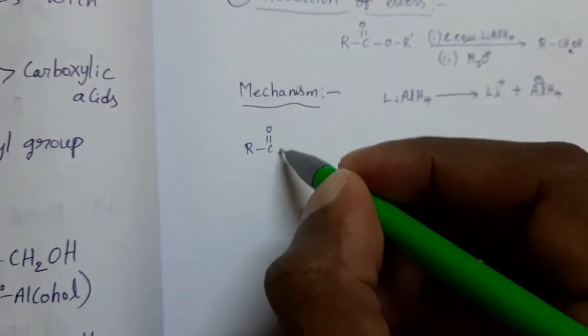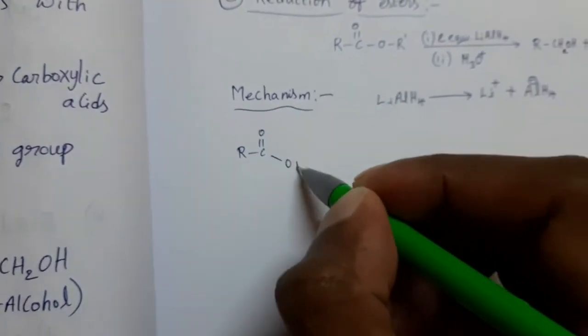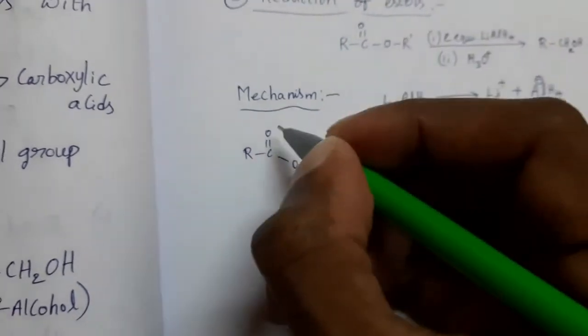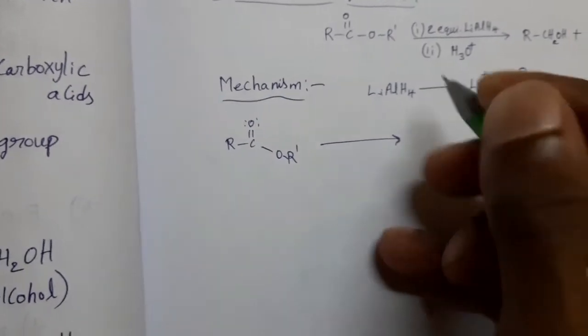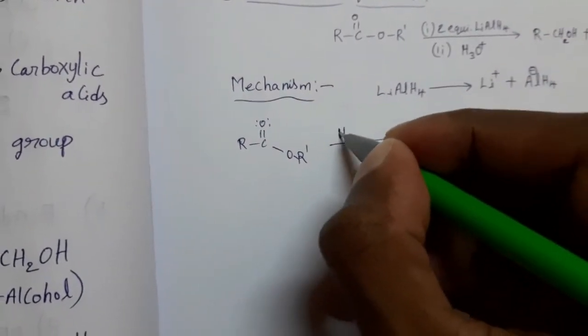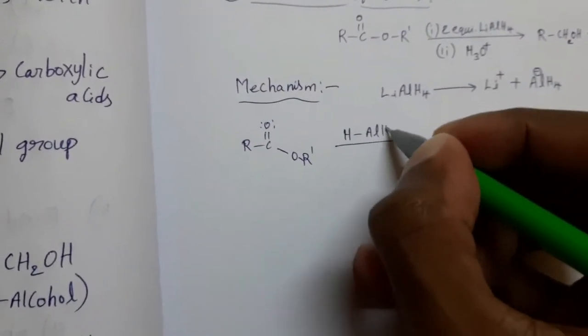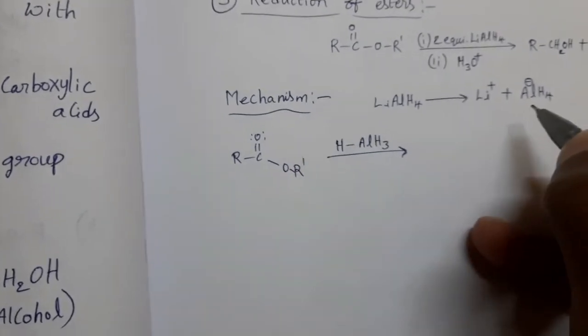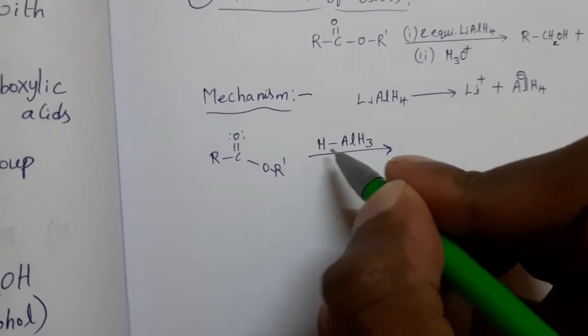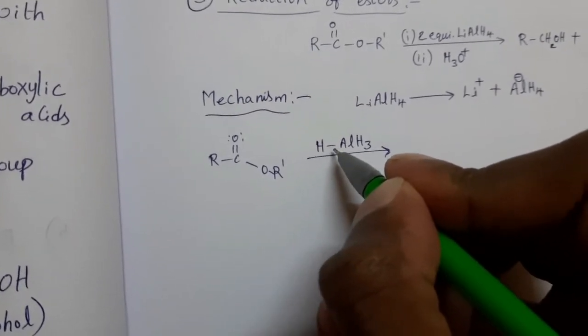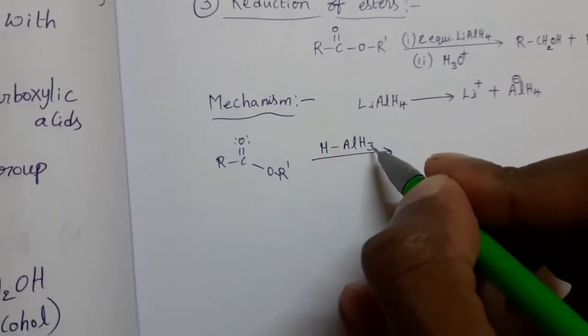RC double bond O R dash. Now this ester molecule is attacked by hydride ion of LiAlH4. See this one, LiAlH4, I am writing in this way, H-AlH3.